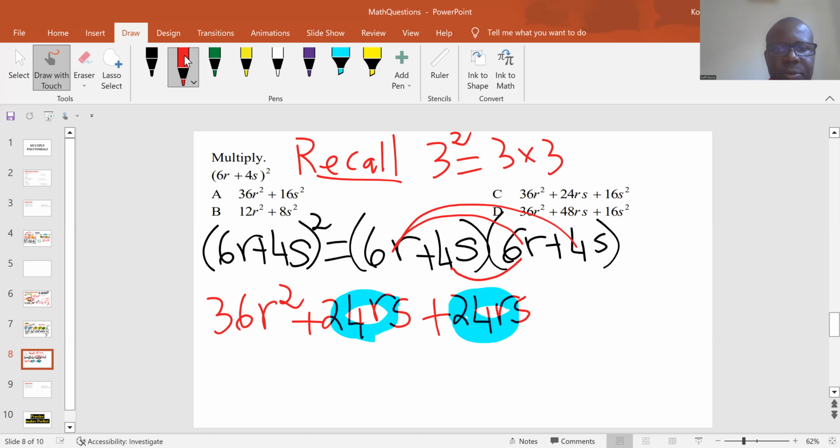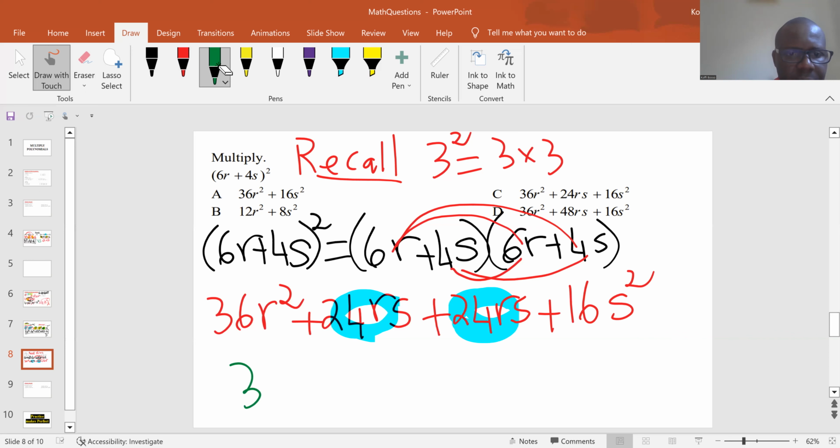We continue. So we take now 4s, we multiply by the same 4s, and we get 16s to the 2nd power. Like terms. So we have 36r squared, and that's the only thing with r squared. So that stays alone. After that, we have here 24rs plus 24rs.